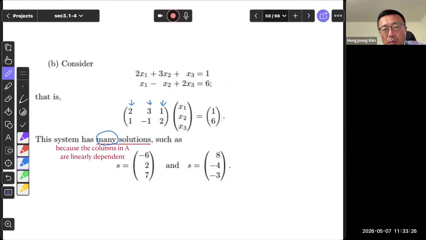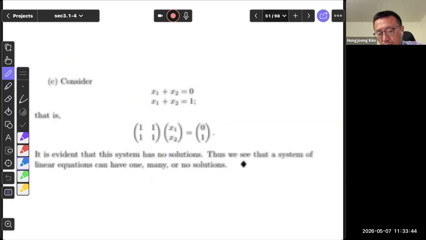If you have more columns than rows, then the columns are definitely linearly dependent. And in that case, if a solution exists, you will have many solutions.